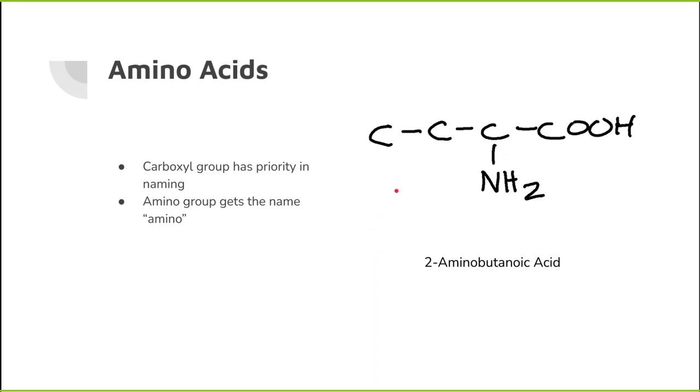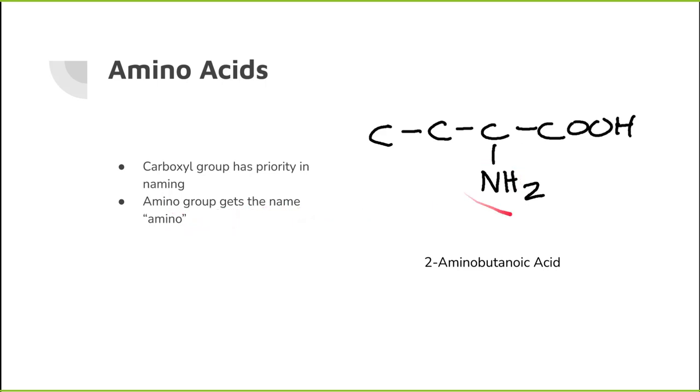And you can also have amino acids. Amino acids are one of the building blocks in the human body and probably animal bodies as well, I would presume. So again, the carboxyl group has priority. The amino group gets the name amino.